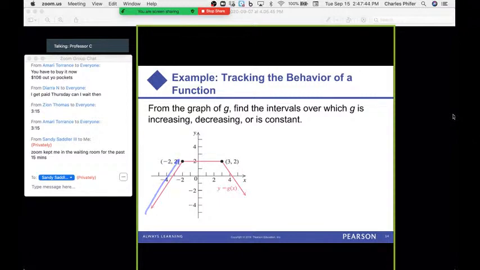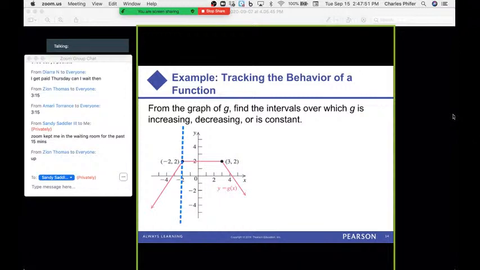As we trace it left to right, notice initially it's going up, up until this x value. What's this x value? So the x value there is going up.